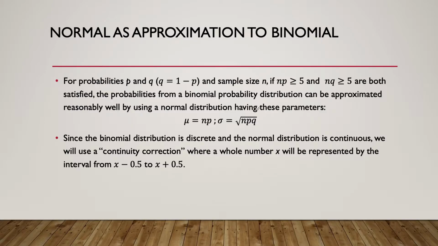Since the binomial distribution is discrete and the normal distribution is continuous, we use a continuity correction, where a whole number x will be represented by the interval from x minus 0.5 to x plus 0.5.